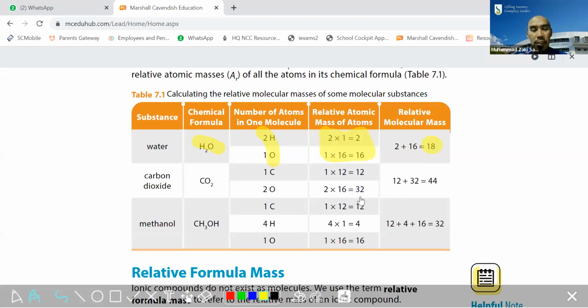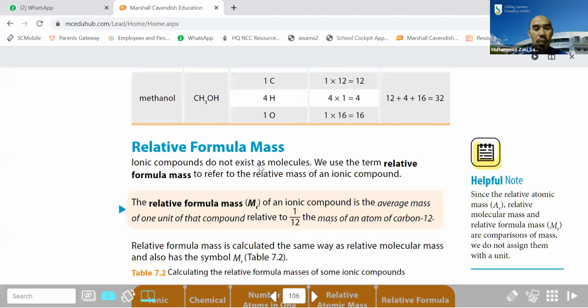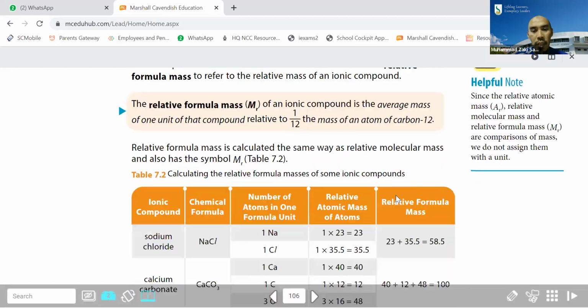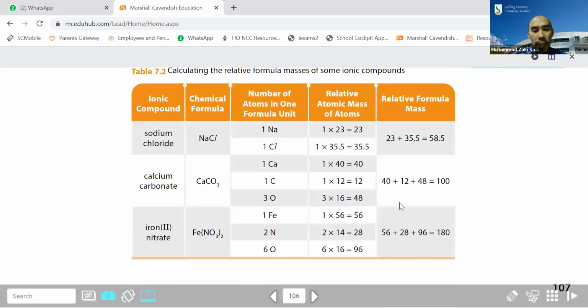This one is quite straightforward. Some of the questions are not as straightforward. Relative molecular mass can also be called relative formula mass, right? So are you supposed to memorize this? Yes, need to memorize. Some formulas are quite complex.